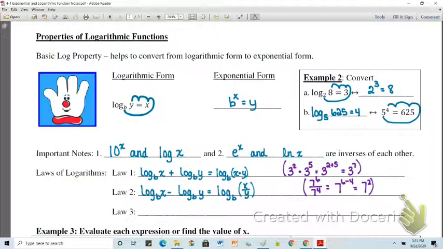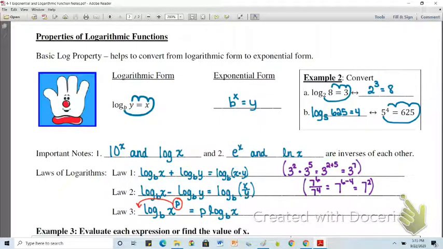The third one doesn't have a corresponding exponent property. So it is log base b of x raised to the p. And what I'm going to do is I'm going to take this power and I'm going to move it out front. So this becomes p times log base b of x.